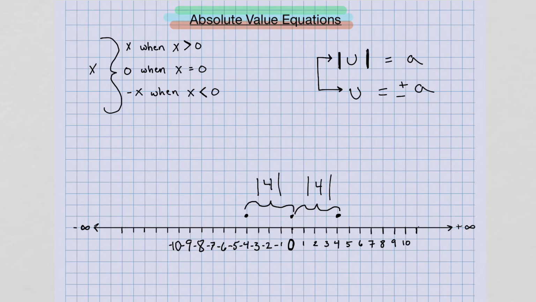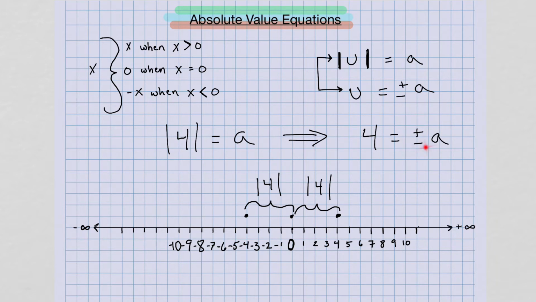And what this means is this rule here, that whenever I take off an absolute value sign, here I have something with absolute value signs, let's say absolute value of x, and we're saying that equals, let's just say, A. When I take these absolute value signs off, x now becomes plus or minus A.